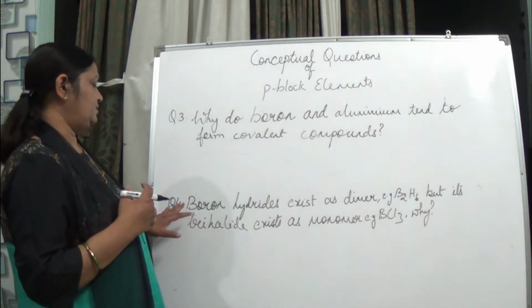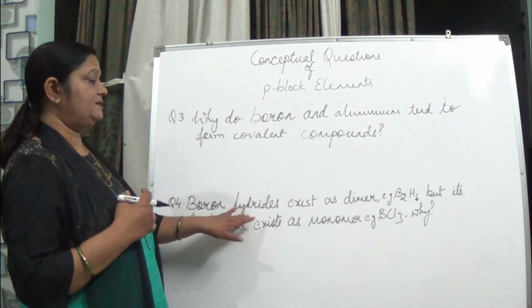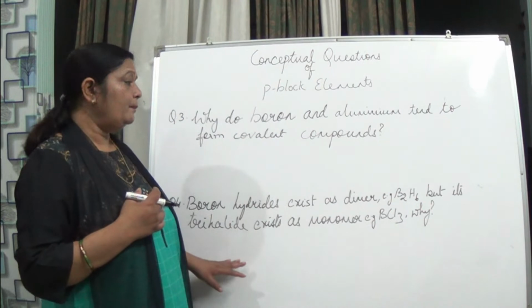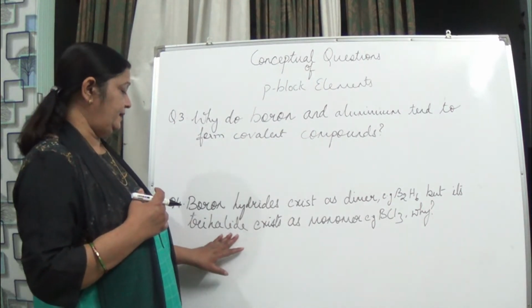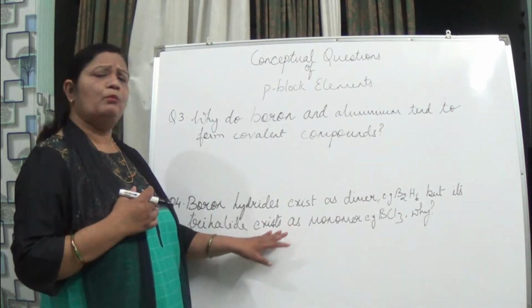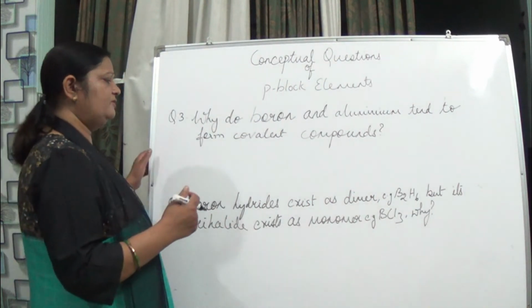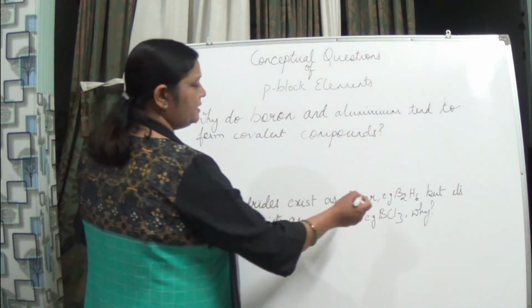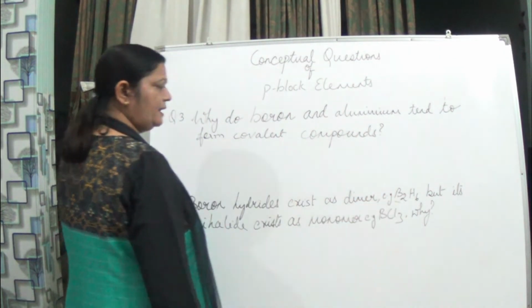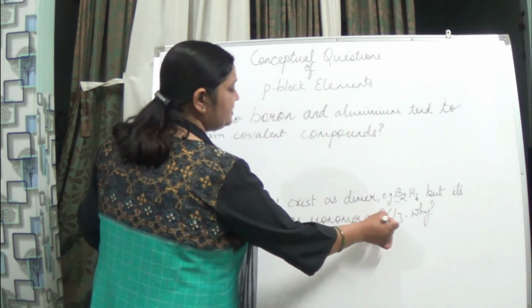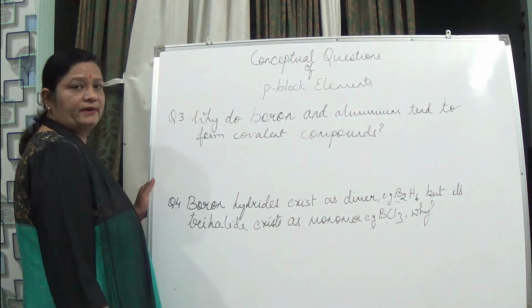Now, next question. Boron hydrides exist as a dimer, that is B2H6, but its trihalide exists as a monomer. Why does this happen? If boron hydrides exist as dimers, then why do the trihalides exist as monomers?